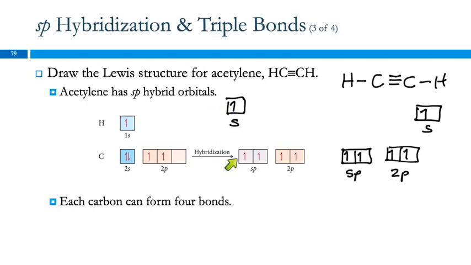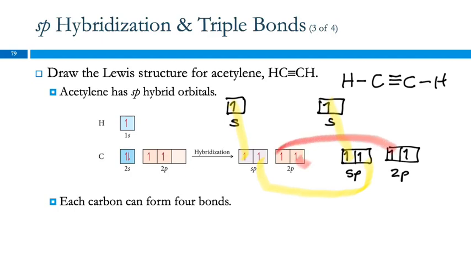So here's the s of the hydrogen, and that can overlap with one of the hybrid orbitals of that carbon. And our other hydrogen can overlap, I put that one in the wrong place too, with a hybrid orbital of that carbon. And then this hybrid orbital and that hybrid orbital for the carbons can overlap. And those are all going to form sigma bonds. And then these, the unhybridized p orbitals, can overlap and form pi bonds. Isn't that a mess?